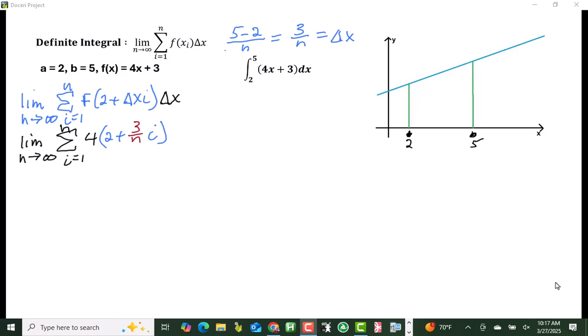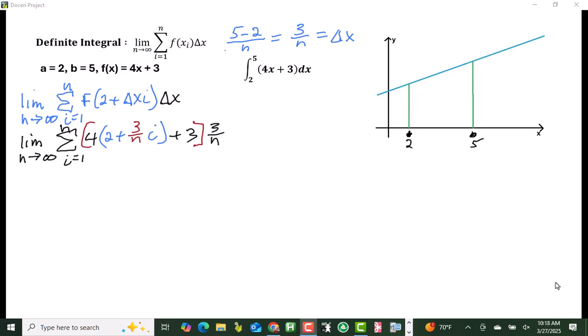But that's not the end of my f of x. I've got more to f of x, so I add 3 to it because our function is 4x plus 3. So inside the red brackets is my f of x in terms of delta x and i. And then the 3 over n on the outside in black is our delta x.